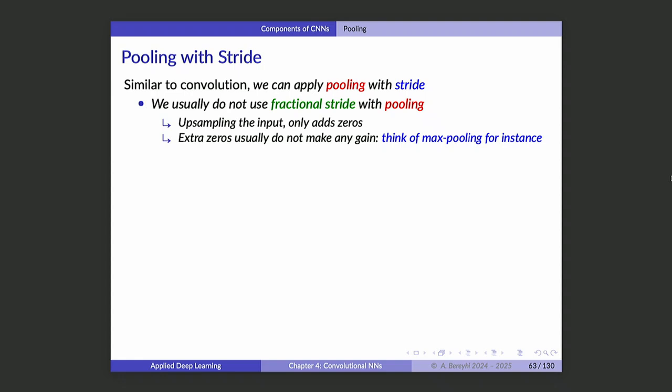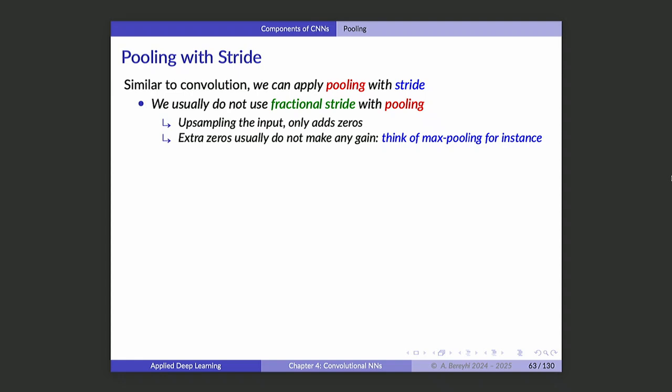One point here is that typically when you are doing pooling, it doesn't help you to do upsampling. Because if you do upsampling, it doesn't harm, but essentially you just add zeros, right? And if you add too many zeros, you can end up with the output the same thing as you had in the input. Just think about max pooling.